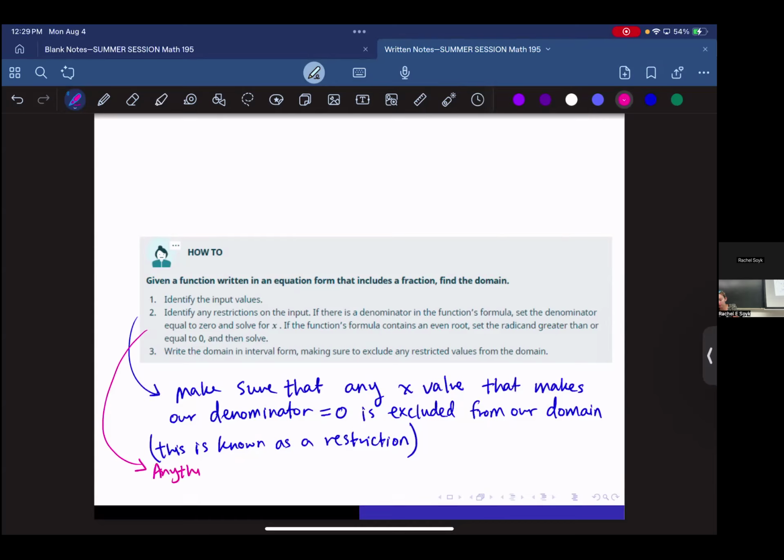Anything under, and we'll practice these, square root or even root index is positive or equal to 0.